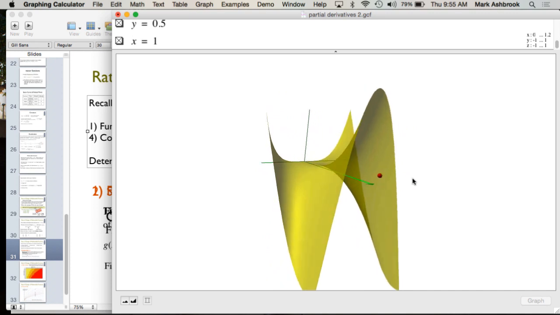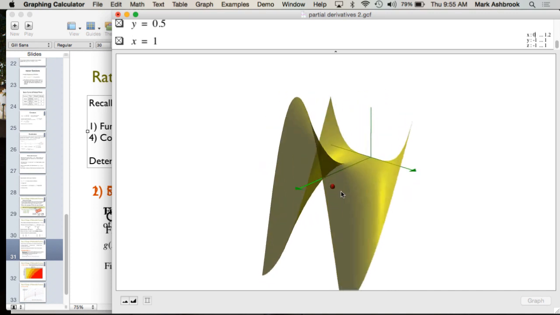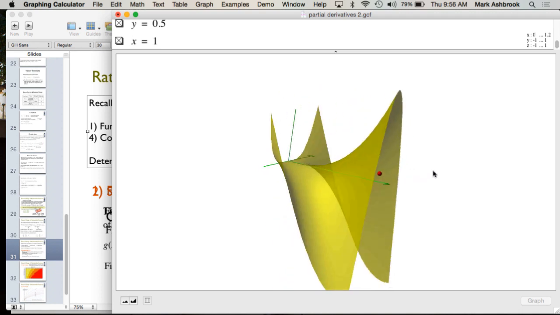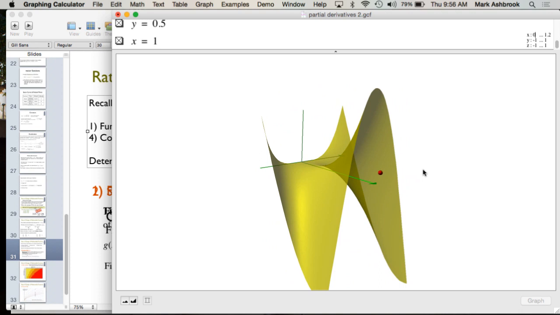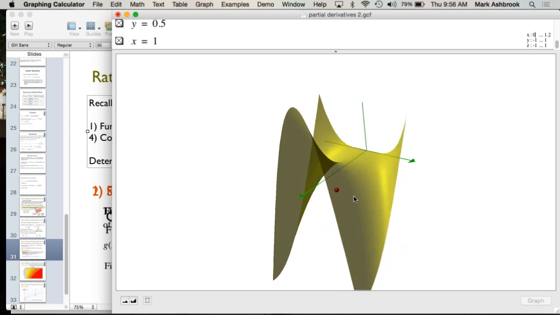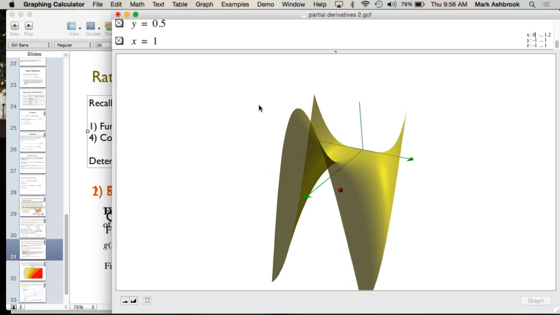Let's start with the partial with respect to x. If we're talking about the partial with respect to x, then what do we do first? Make y constant. So we're only looking at that part of the surface for y constant.